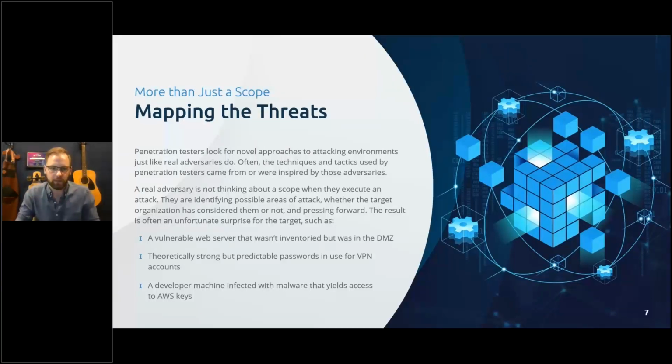One of those we've found is a vulnerable web server sitting in a DMZ, but it wasn't inventoried. We have used something like that to pivot into an office network. And it wasn't something that anyone was considering. They had no ability to consider it because they weren't tracking it in their asset inventory.